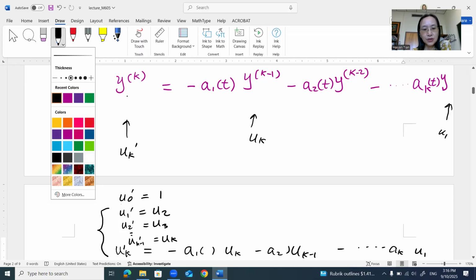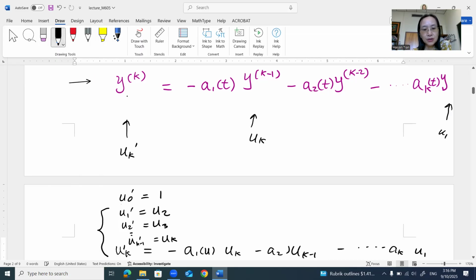So each coefficient, wherever you see t, will be an expression of u0. So now we have a system of k plus 1 equations.